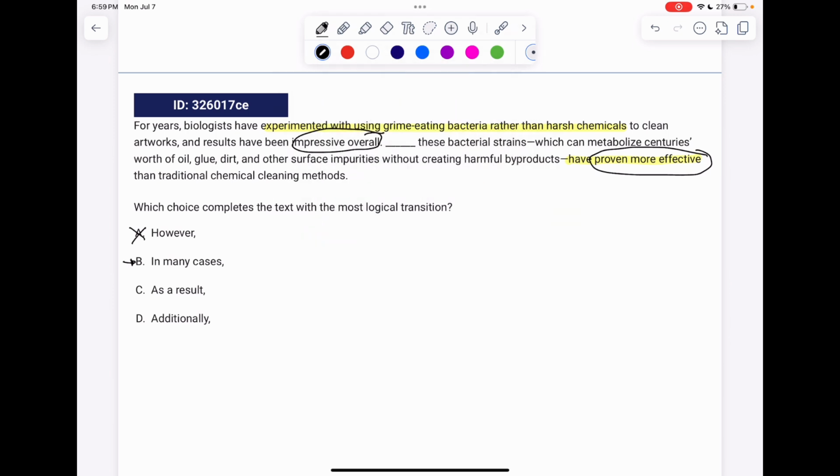So as a result doesn't make sense here. Choice D is incorrect because this is a transition that indicates an addition of a new idea. When we say additionally, we mean an addition of a new idea. But this sentence doesn't introduce a new idea. It just talks about the same idea that we talked about before, describing the impressive results in more detail, right? So again, additionally, we're not adding on something new, so not that one. We'll go with B.